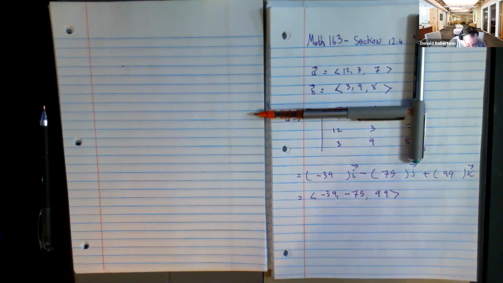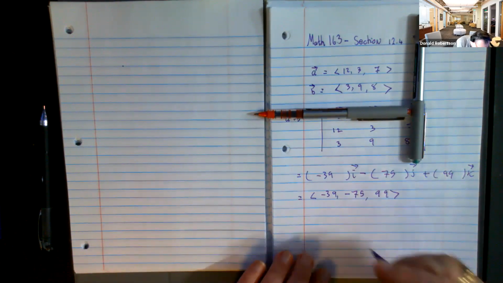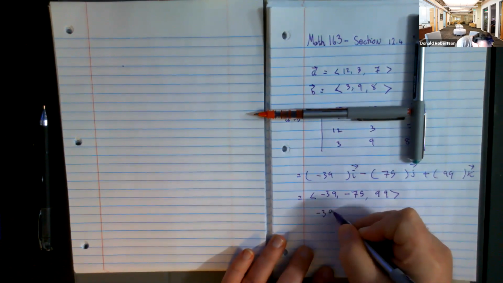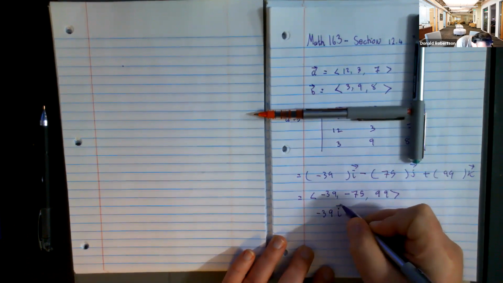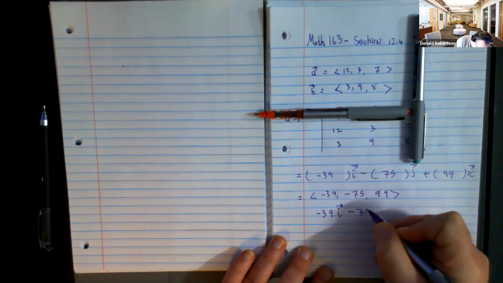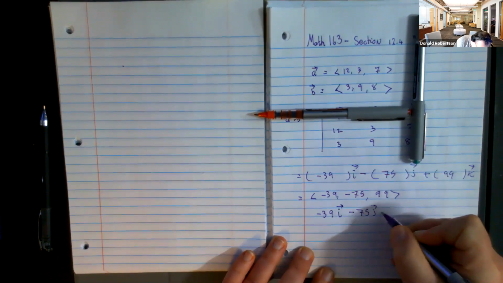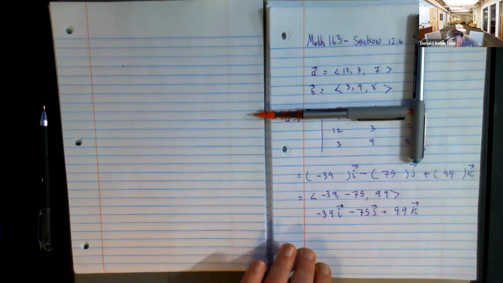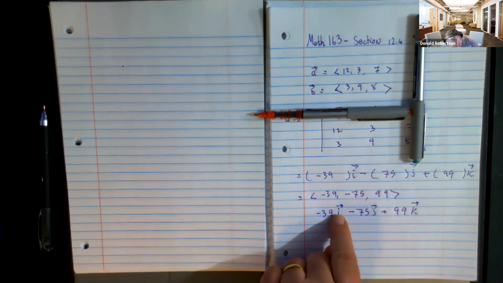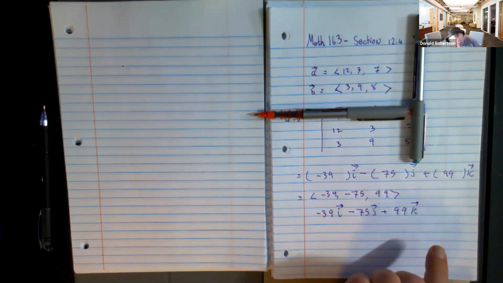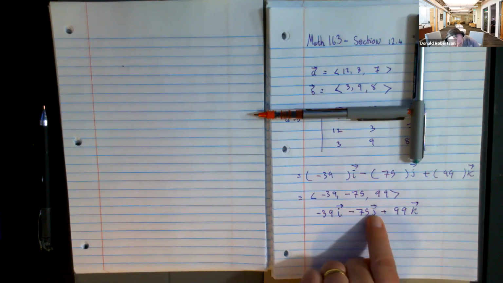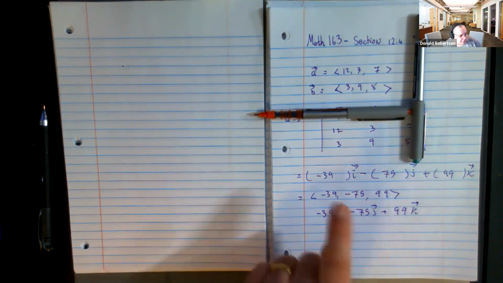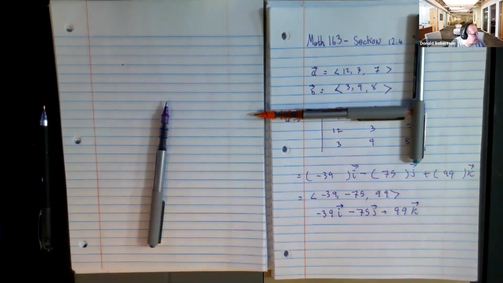Now, this is a WebAssign issue. WebAssign might be asking you to give the answer in this format. And you might be wondering, how do I get the funny little I, J, and K guys? Well, in WebAssign, these are bold I, bold J, and bold K, but do not use a keyboard. It does not work.